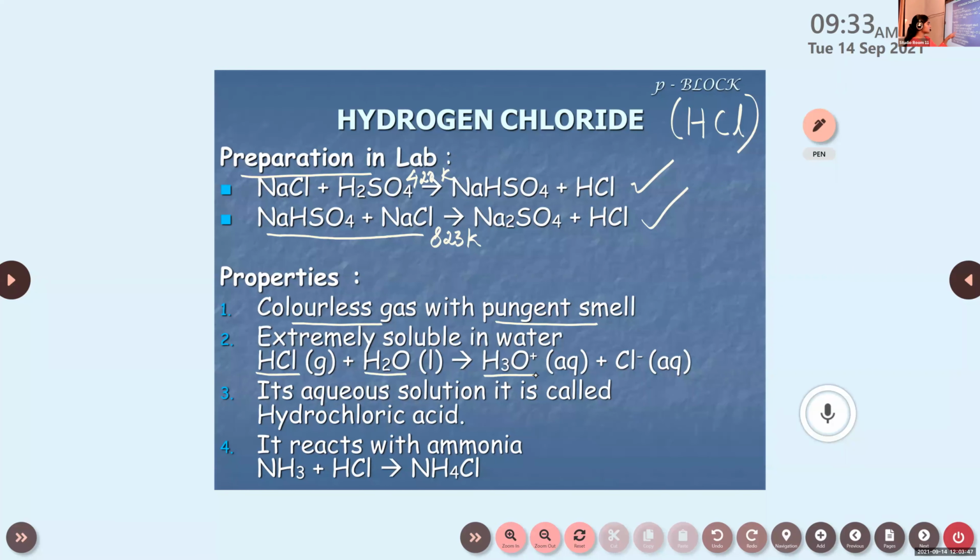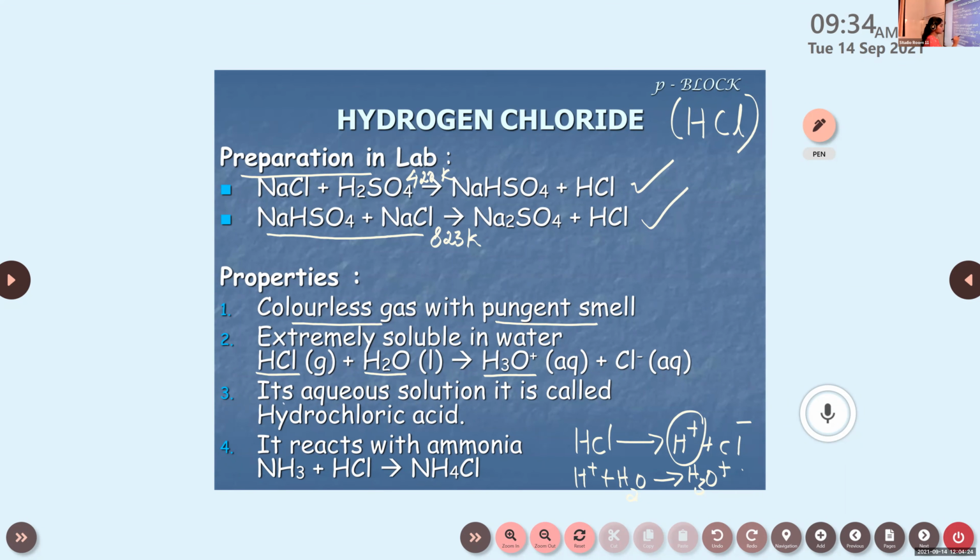This H plus ion cannot exist alone in a free state, so it combines with a water molecule to form H3O plus, that is the hydronium ion. HCl dissociates into H plus and Cl minus. So the product formed here is H3O plus and Cl minus.